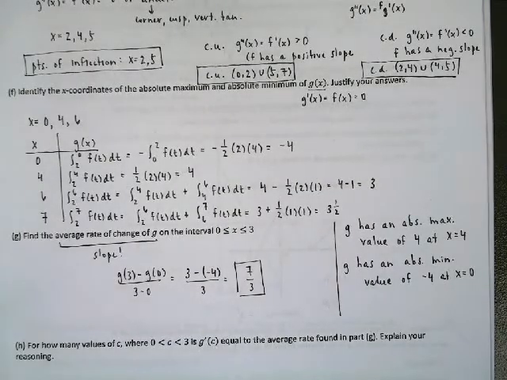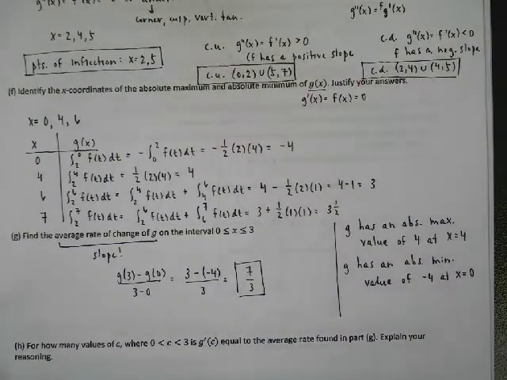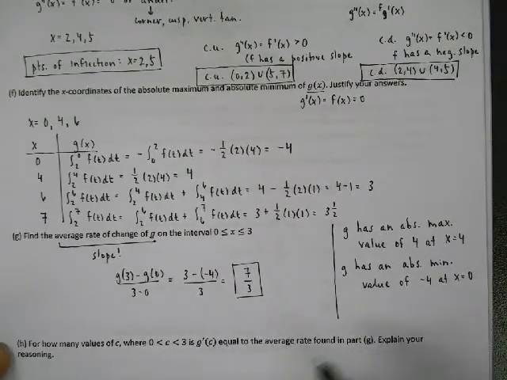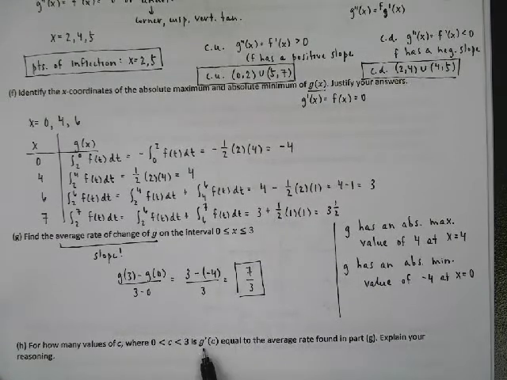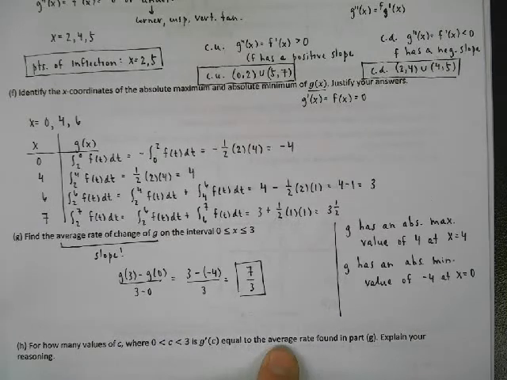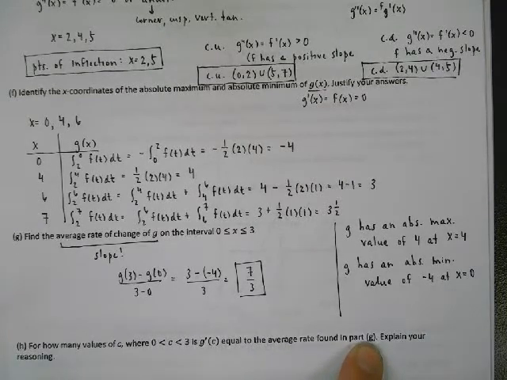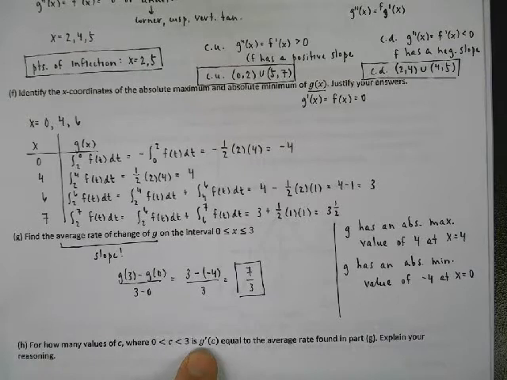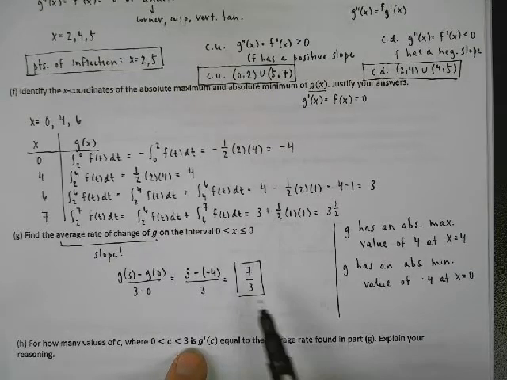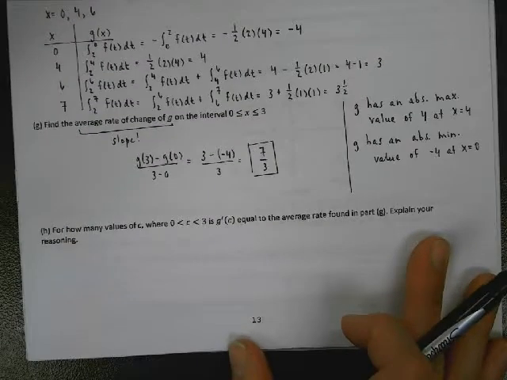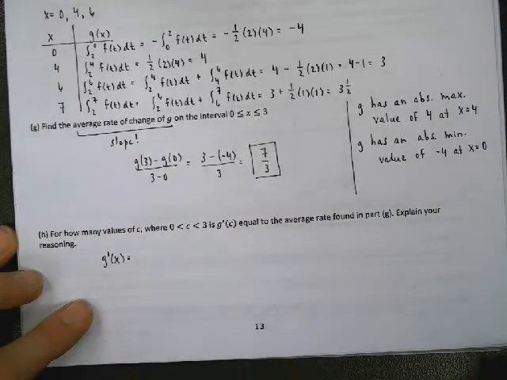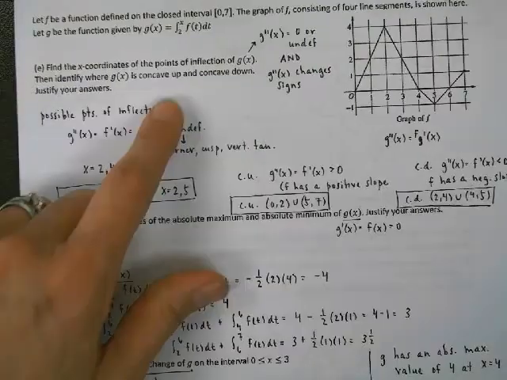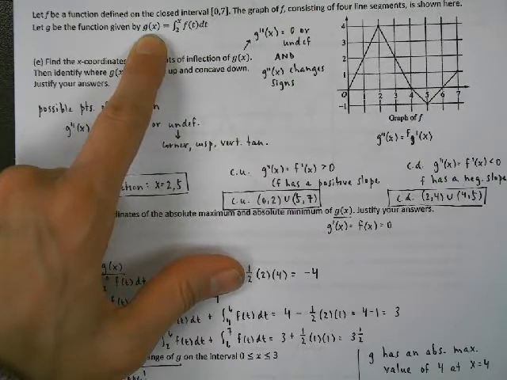So now it says for our last part, for how many values of C, where 0 is less than C is less than 3, is G prime of C equal to the average rate found in part G? So really I want to know where does G prime take on the value of 7/3? And so here's what we're going to use. We found out before that G prime of x, again using the definition of this accumulation function, is just the derivative of this function, which is just f of x.